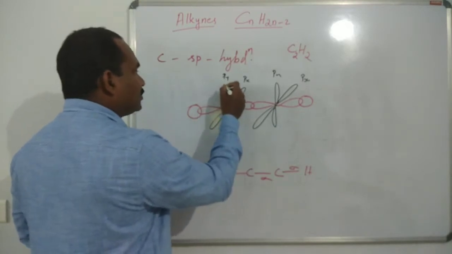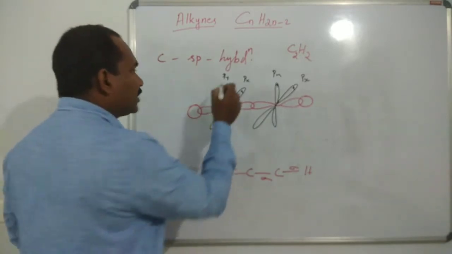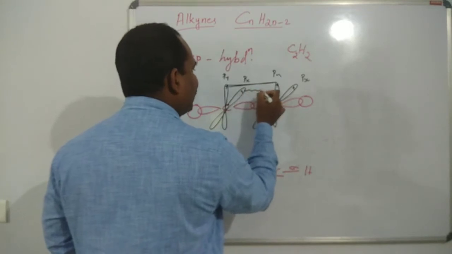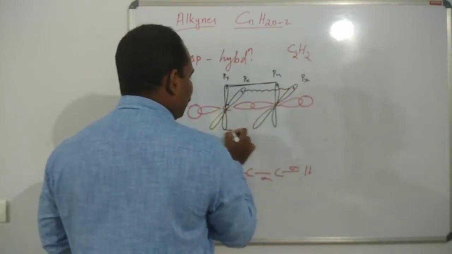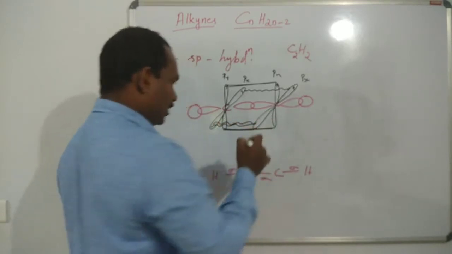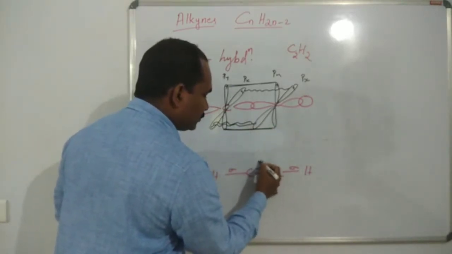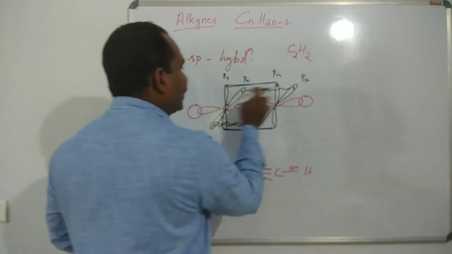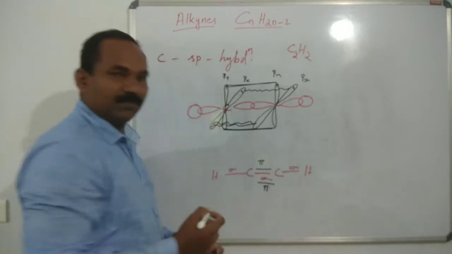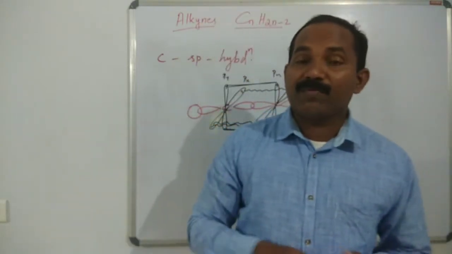Then what happens? These p orbitals also contain electrons. The sidewise overlapping of py, py and px, px. This overlapping forms one pi bond, and px, px sidewise overlap gives another pi bond. So what is the shape of ethyne?